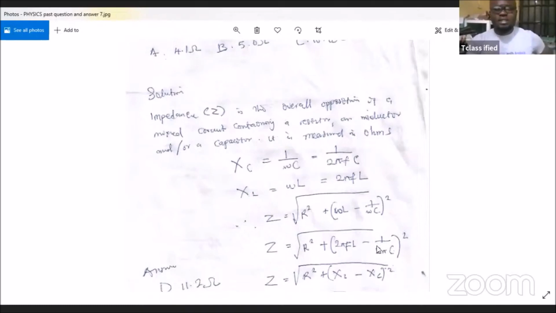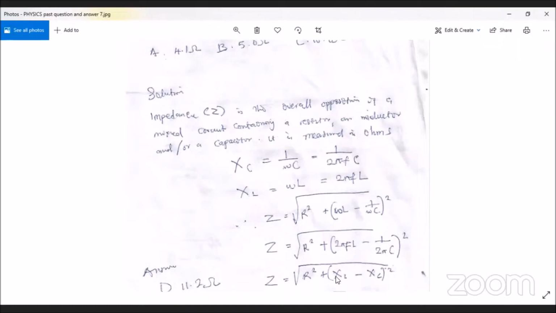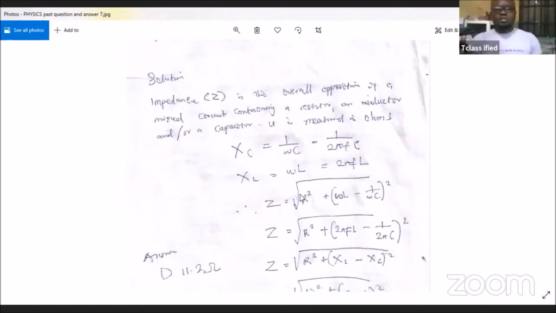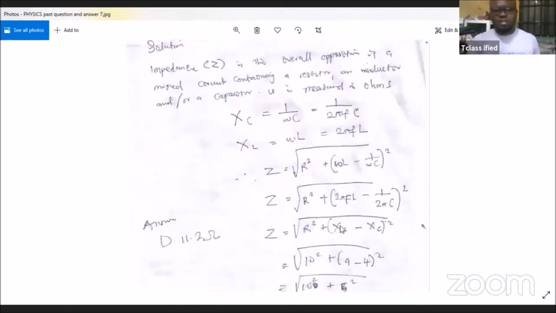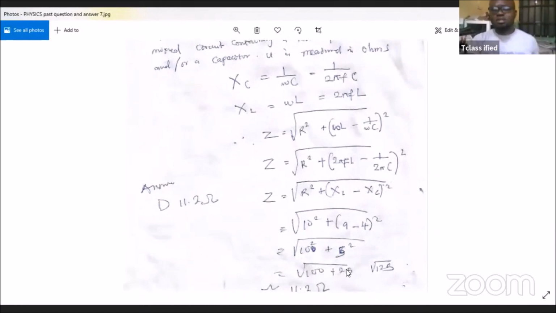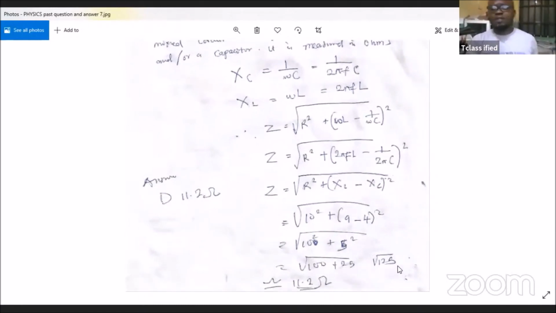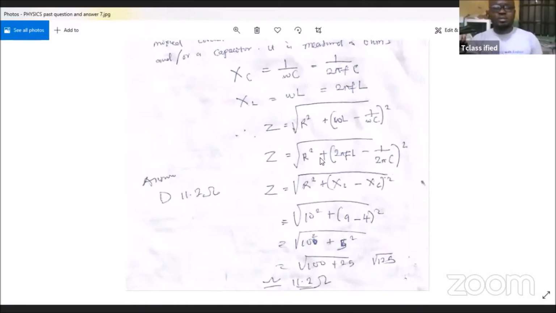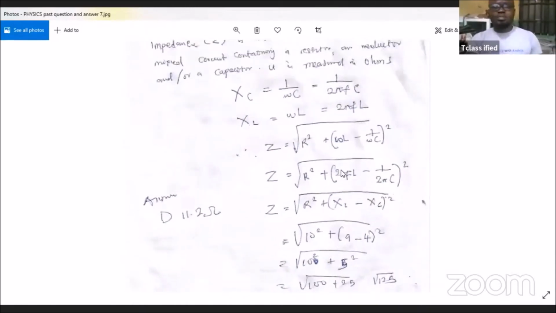These are already given to you, so you simply get down to the last formula. XL is 9 and XC is 4. So you simply say 9 minus 4, which is 5, squared is 25, and 10 squared is 100. 100 plus 25 gives you 125, the square root of which is approximately 11.2, making that the answer to the problem.